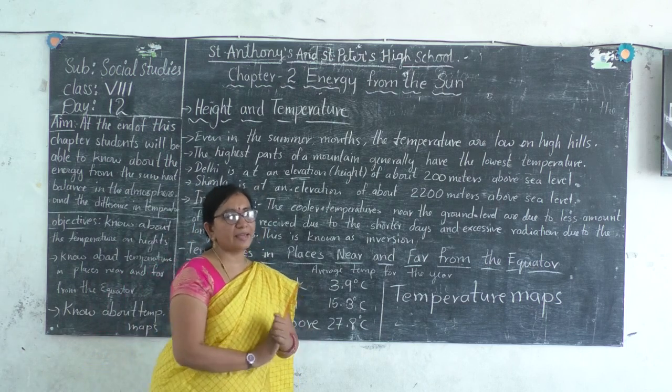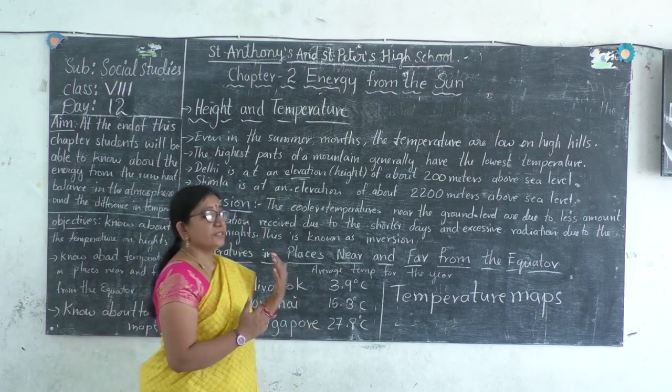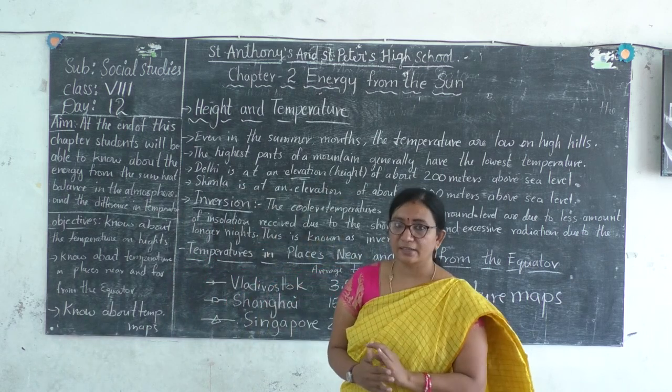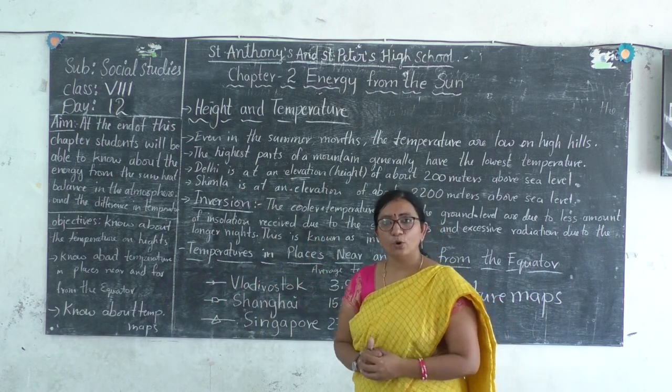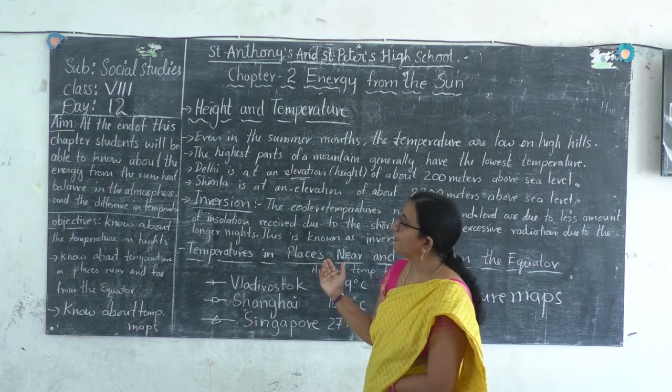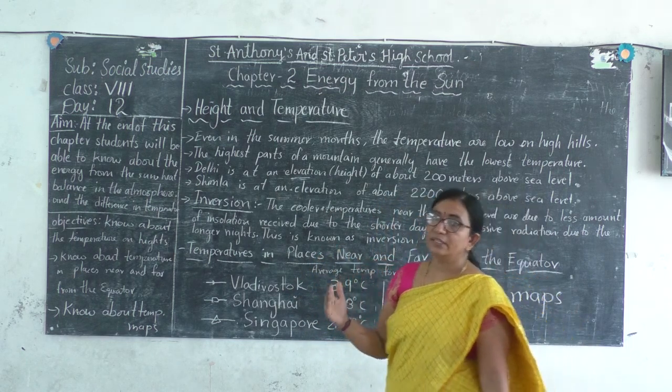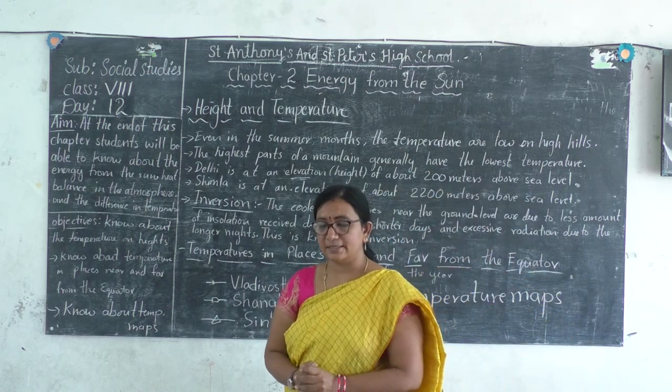This comparison of temperature we have done with lots of activities and graph readings, and I hope this has given you a clear idea about the different temperatures of different places.